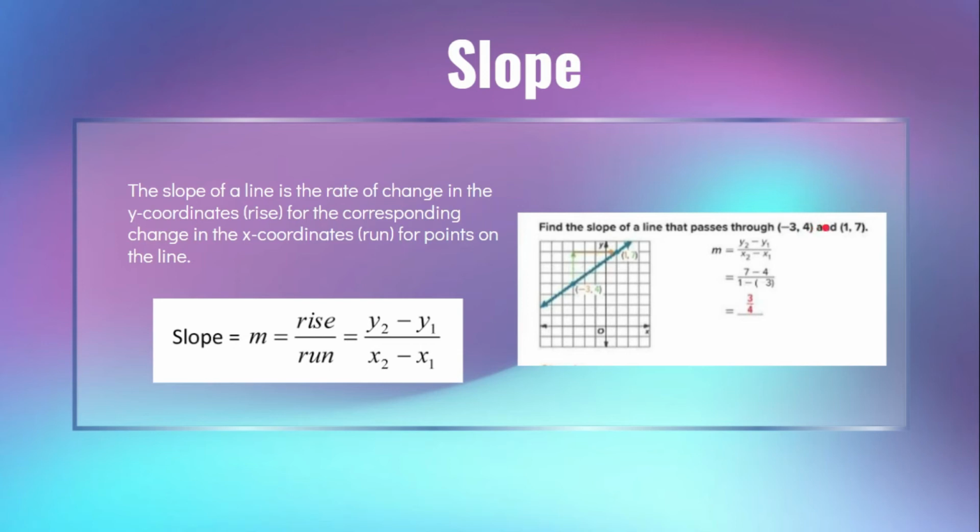And 1 and 7, in which the first number 1 represents x, so this is x2, and 7 is y2. So we are going to replace these numbers in the formula, and we have 7 minus 4 over 1 minus negative 3. We solve these and we have that 7 minus 4 is 3 over 1 minus negative 3, which is 4.